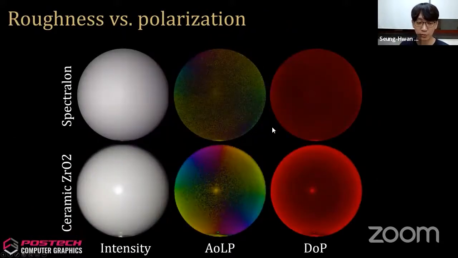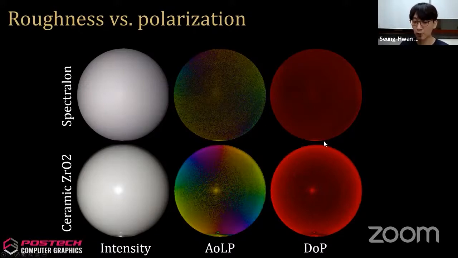Another observation that we made is the relationship between surface roughness and polarization. On the left side, we show two samples. One is spectralon, which has a very rough surface profile. On the bottom side, we have the ceramic material, which has a really specular appearance, as indicated by the specular highlight at the center.